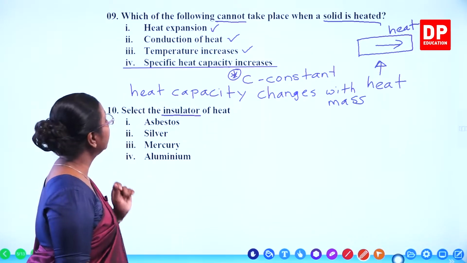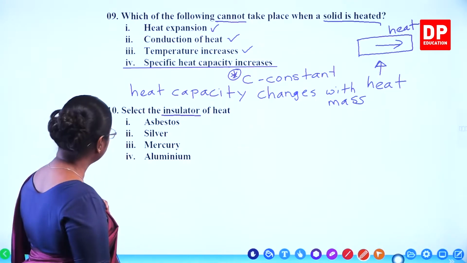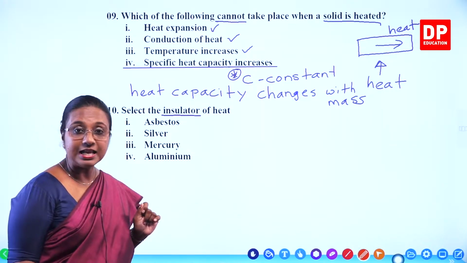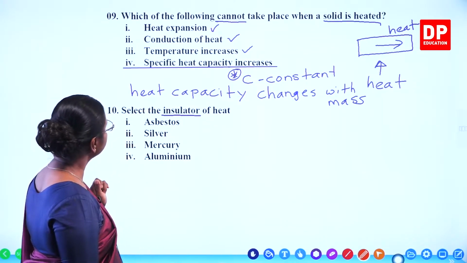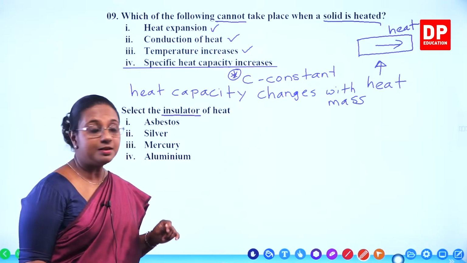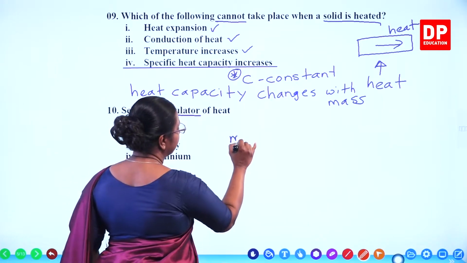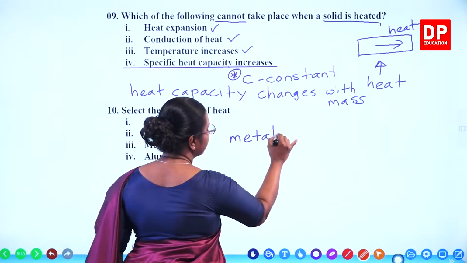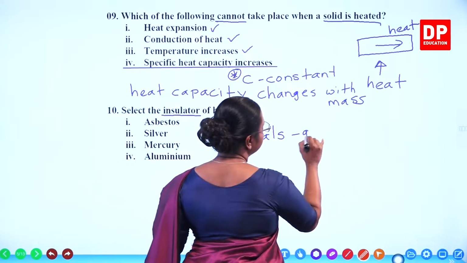Those are all insulators of heat. So, here we need to select the insulator of heat. Asbestos is an insulator. Now, silver is a metal, mercury is a metal, aluminium is a metal. All these are metals. They are very good conductors of heat. Metals, good conductors.